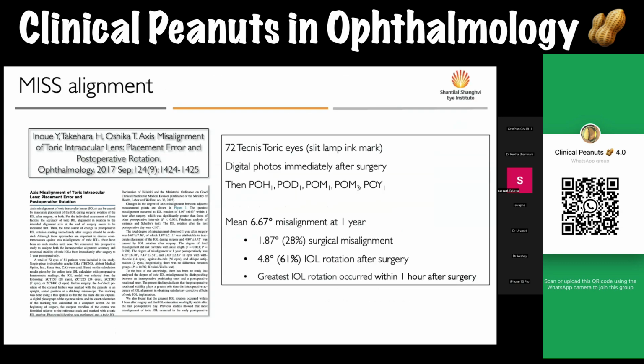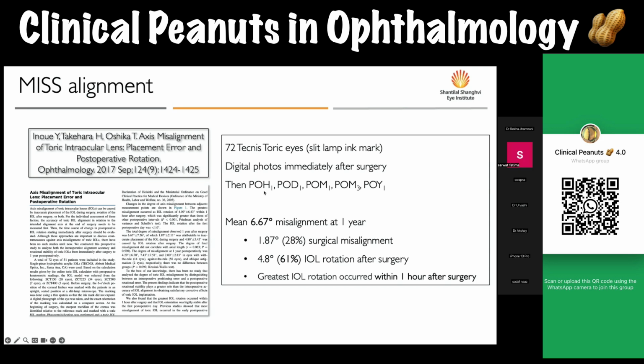So another couple of interesting papers I found, just before I end, that I thought I'd mention over here was this one interesting paper which was published by this Japanese group on misalignments of toric lenses in 2017. And what this study found was that in the 72 Technis toric lenses they had placed, where they had marked with the slit lamp with an ink mark and had taken digital photos immediately after surgery.